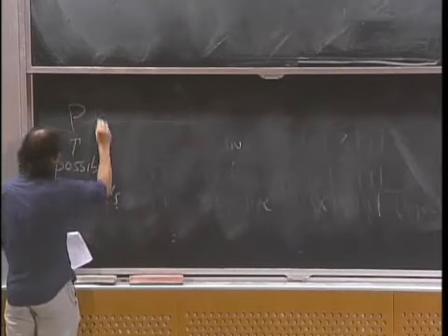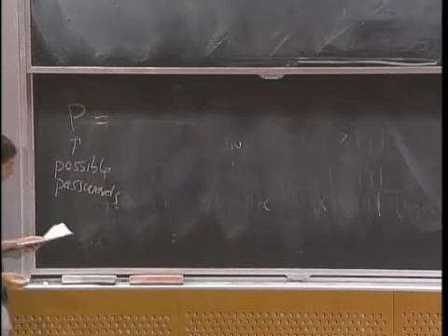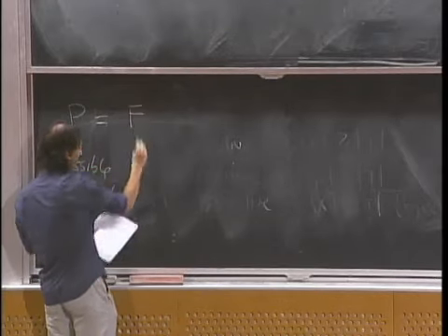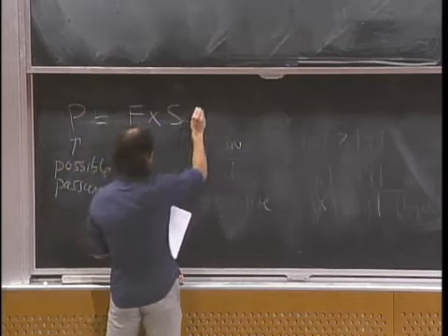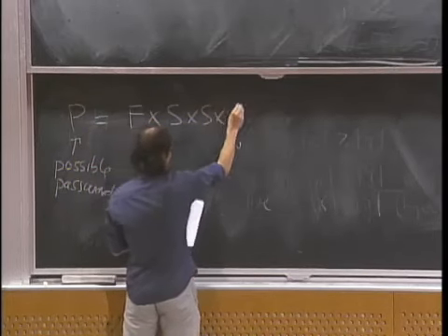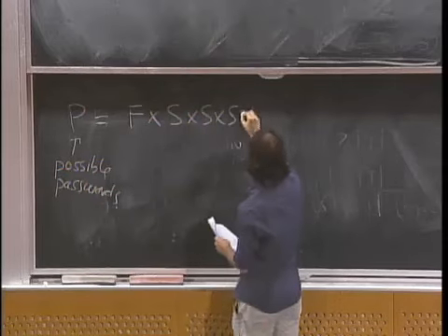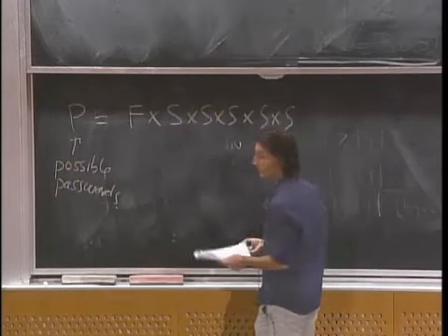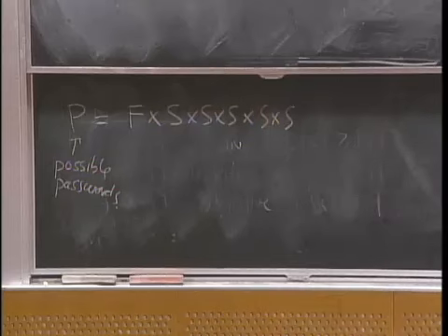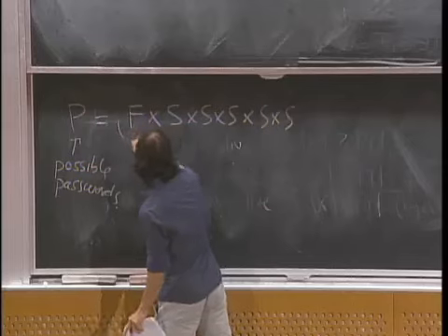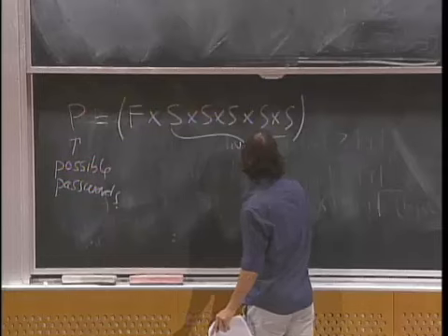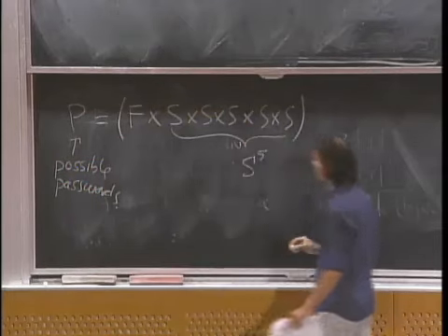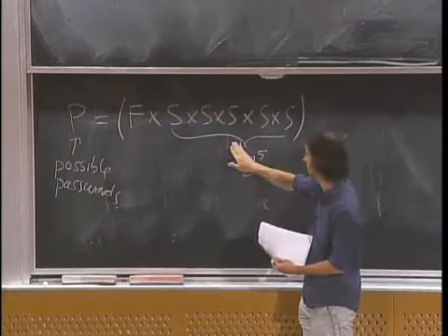And this one is equal to, well, I need to choose a first symbol, and then I need to choose a second symbol, and a third, and a fourth, and a fifth, and a sixth. That's one possibility. I use 6 symbols. I can also use 7 or 8 symbols, but this is one of them. We also denote this as S to the power 5. That's an equivalent notation.